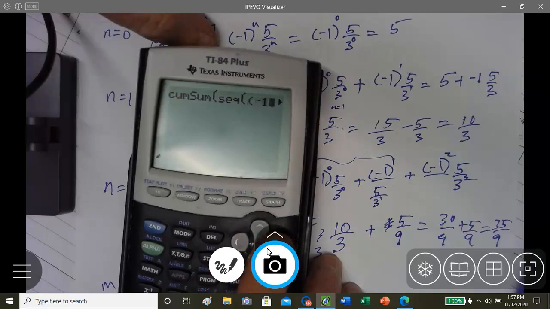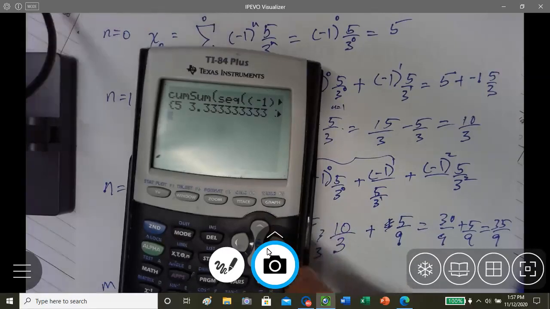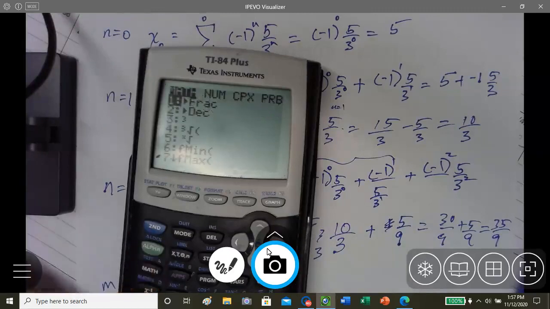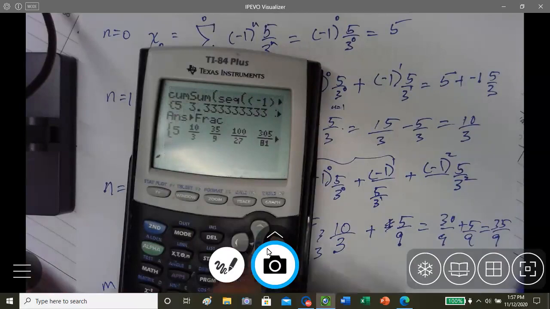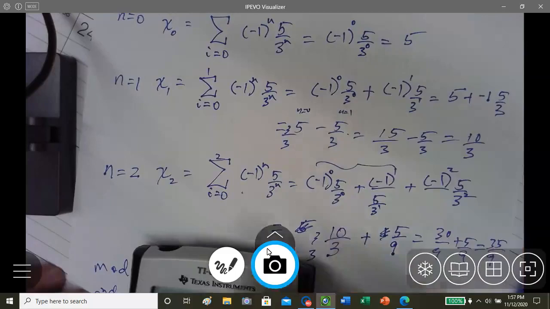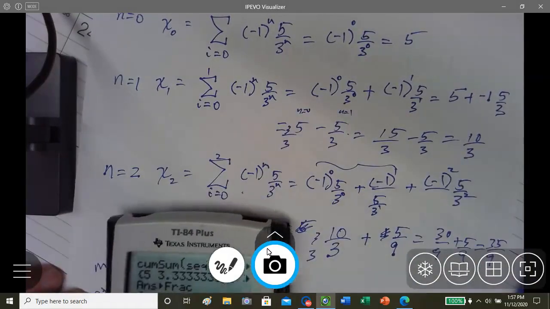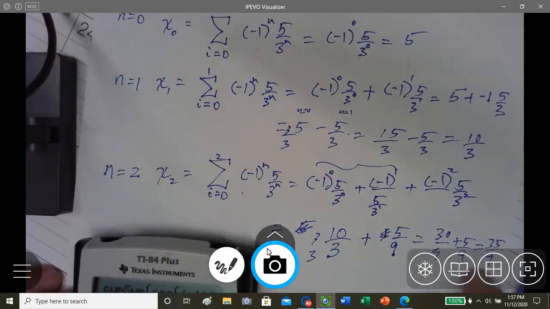Cumulative sum, sequence, negative 1 to the n times 5 over 3 to the n, where n is our variable, from 0 to 10, and our step is 1. So let's hit enter. All right, and so if we go into math and then fraction, and you can just hit enter because it's just 1. Here we've got what we started with, 5, 10 over 3, 35 over 9, that's what we had here.